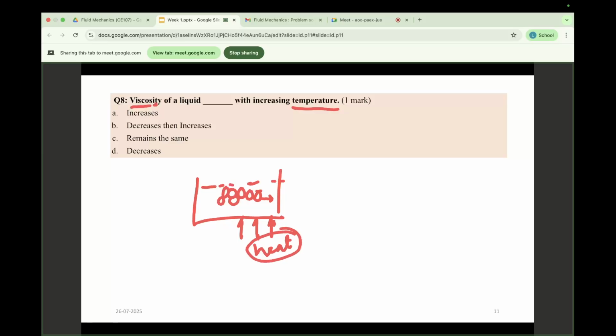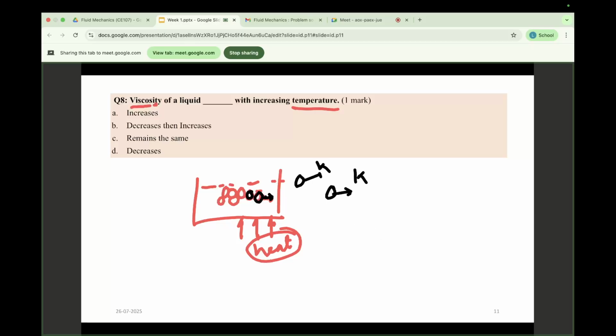That means heat energy is converted into kinetic energy. Because of this kinetic energy, the molecule will try to move away from its nearby molecules, that means they will separate from each other.